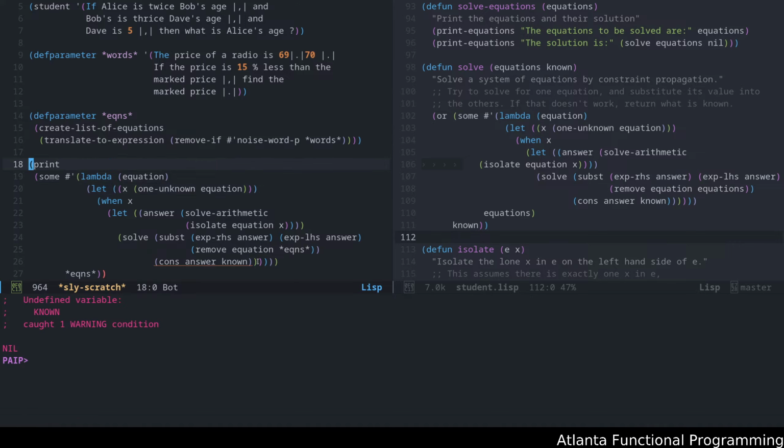Let's do this. So what we want to really do is grab. I got it. This shouldn't need to even be a thing.